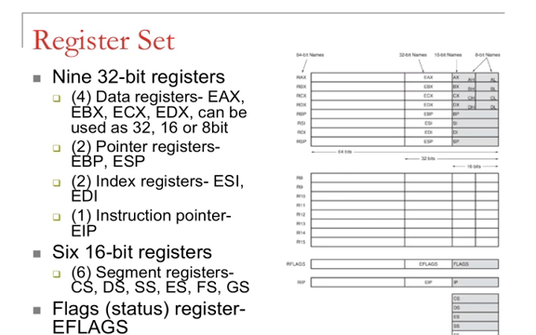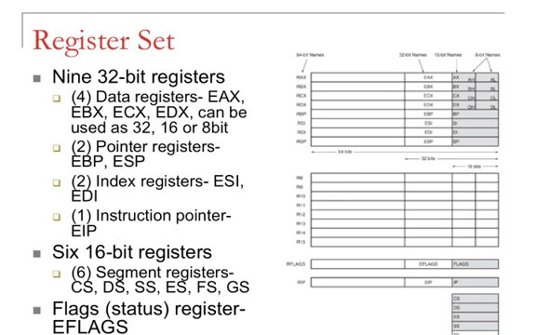Gotcha. Since I confused you, there's no swapping anymore here when we talk about registers. This is AL, this is AH, and this all together, this is AX. So whatever value is there, that's the value.